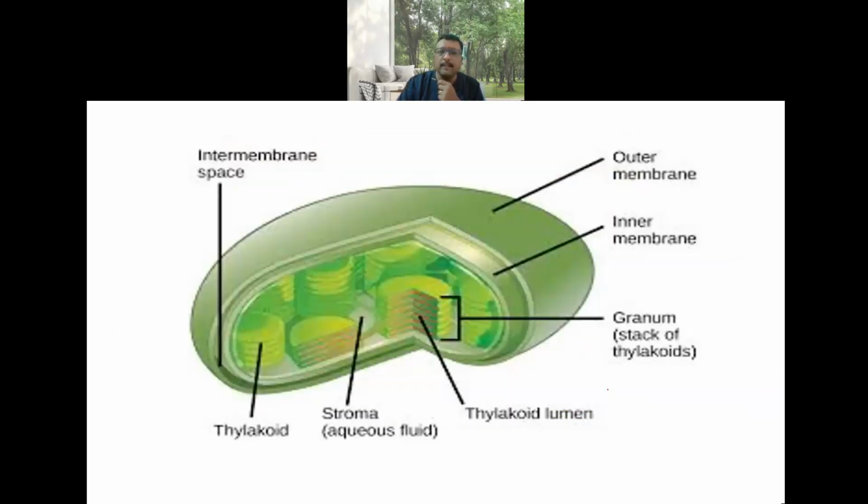One thing you should remember is that photosynthesis has two phases of reactions: the light phase and the dark phase. The light phase takes place in the presence of light, in the thylakoid region. The dark phase takes place in the stroma region.